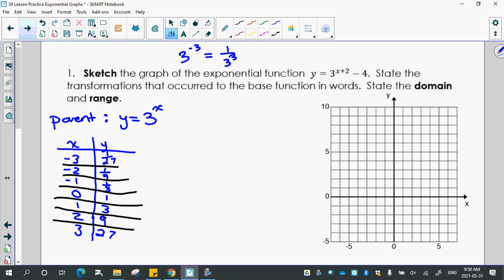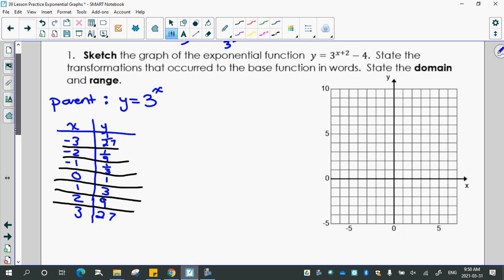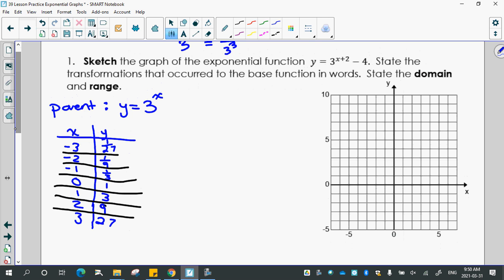So now we'll fit whichever one we can on the graph, and this is what we'll use our color for as our parent. We'll use pencil for our image in case you make mistakes while we're trying to get there. All right, so -3 and 1/27 is really close to the x-axis. So is -2 and 1/9. -1 and 1/3. 0 and 1. 1 and 3. 2 and 9, and that's all we can fit.